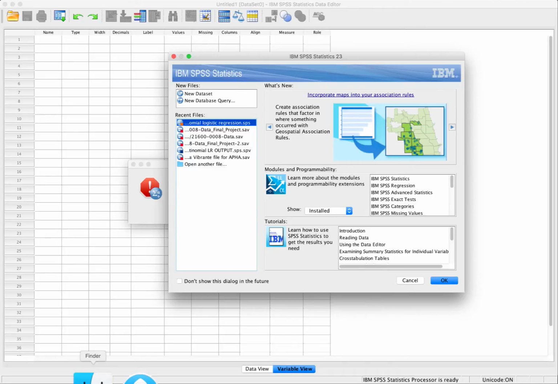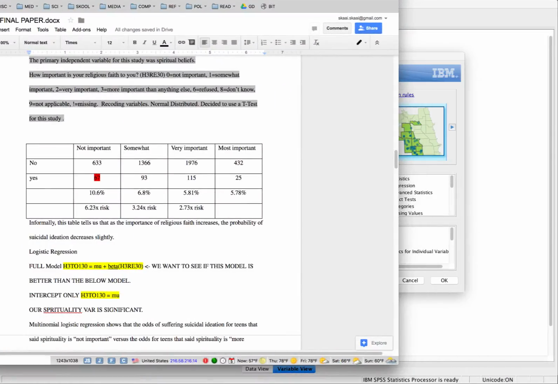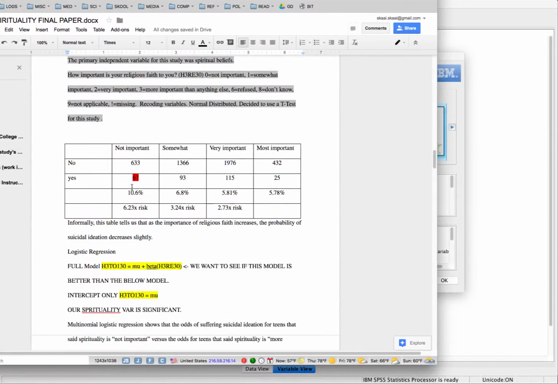We can look at the average value for each of them and then compare them for differences. If you remember our table, there was a proportion. Each one of these had a certain proportion. That was about 10%, 6%, 5%, and 5%. So what we're actually going to be doing in ANOVA is comparing these averages.